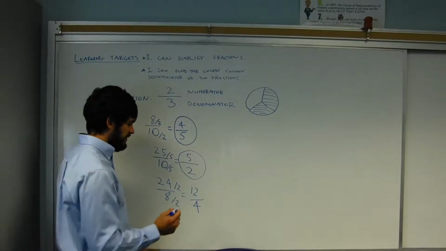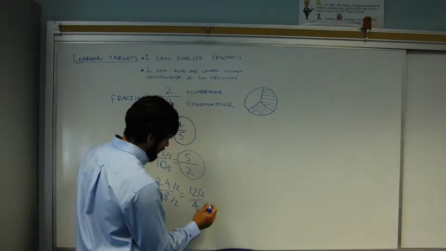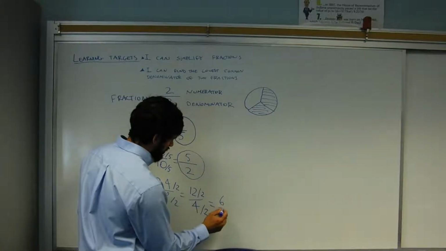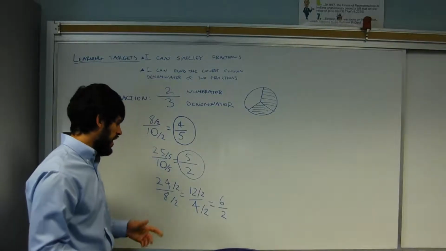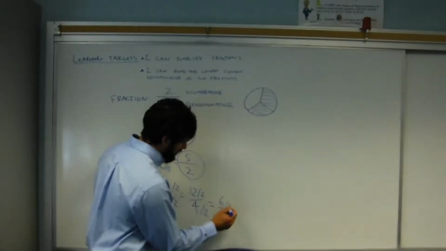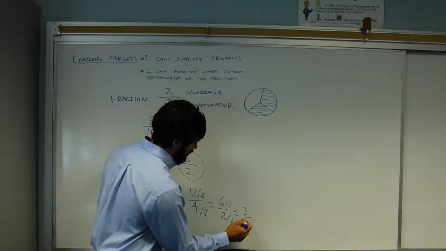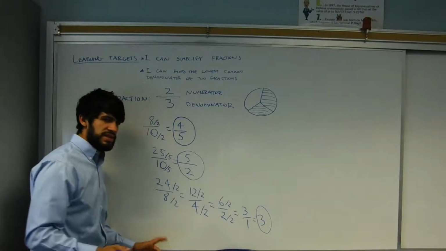Each of these is also divisible by 2. So if we divide each of them by 2 again, we're going to get 6 over 2. And each of these is divisible by 2 as well, because 2 is divisible by itself. Divide each of those by 2, and we're going to get 3 over 1, which is just equal to 3, which is our answer.